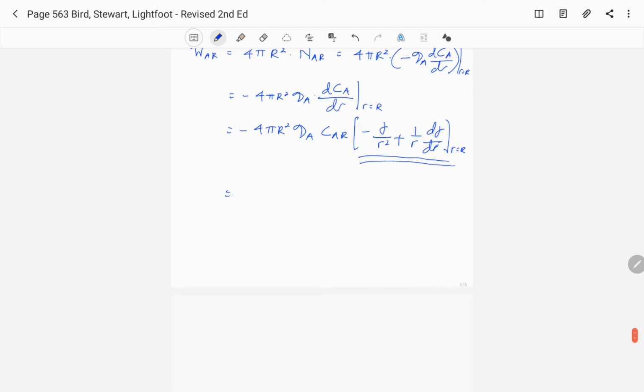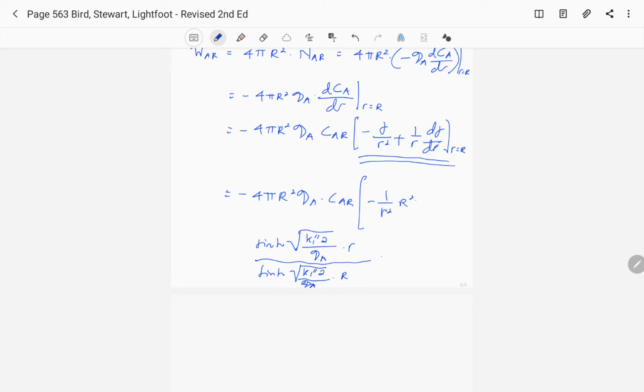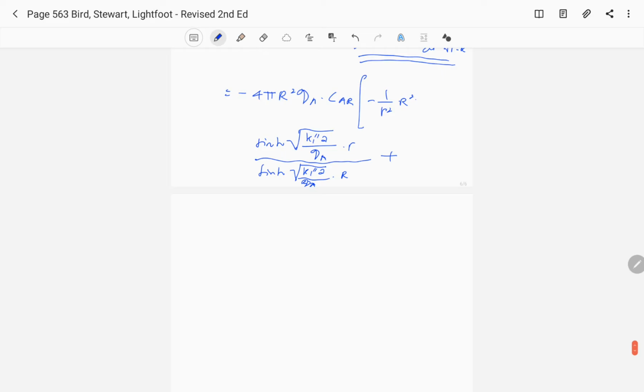Okay, so that's for those that are wondering why we have this term. Then we continue. So that will go to minus 4 pi R square dA CAR multiplied by 1 over R square multiplied by sinh K1 prime A divided by dA multiplied by R divided by sinh of A divided by the dA R plus, it's a bit long, so I have to write it just below that.